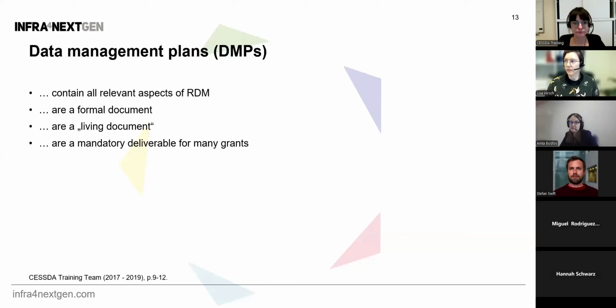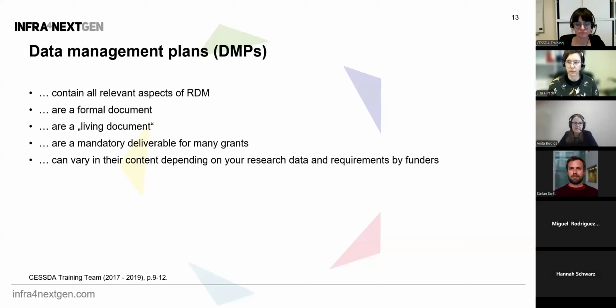Some funders sometimes also require researchers to update data management plans and resubmit this deliverable when there are any major changes, for instance, when a new consortium member enters a consortium. Data management plans can vary in their content depending on your research data and the requirements of funders.